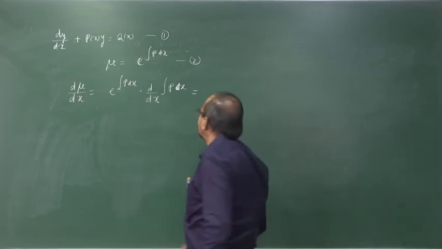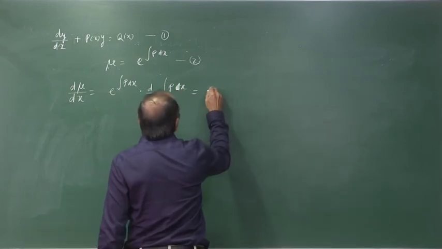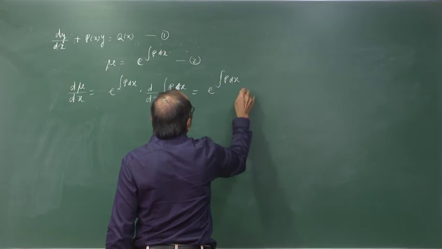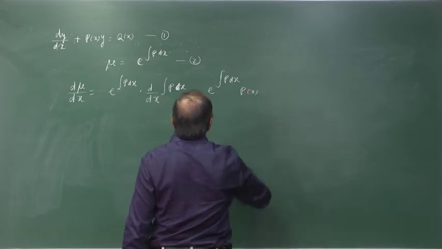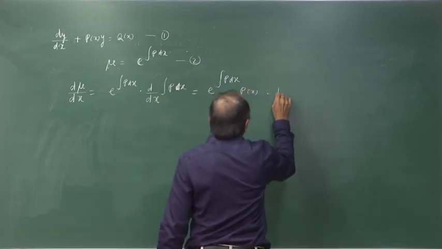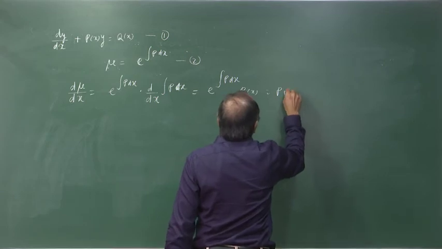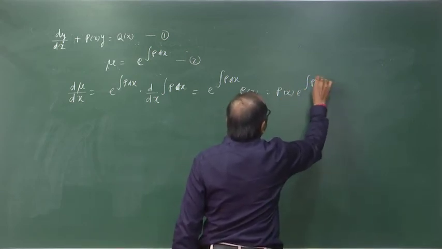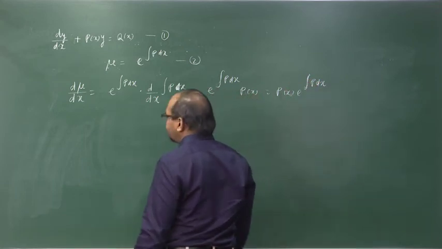So it is equal to e to the power of the integral of p dx times p of x, that is p of x times e to the power of the integral of p dx. This is dμ/dx.